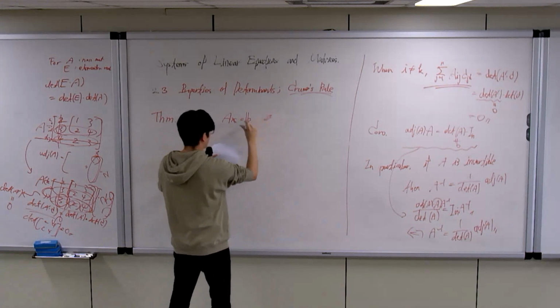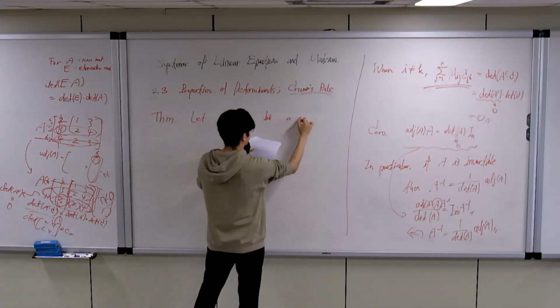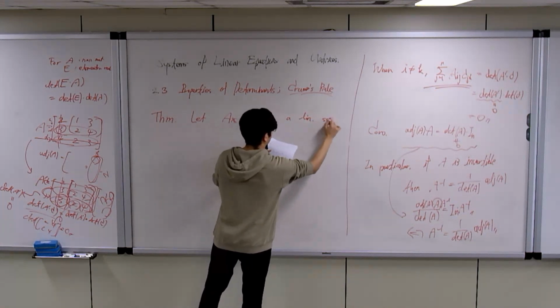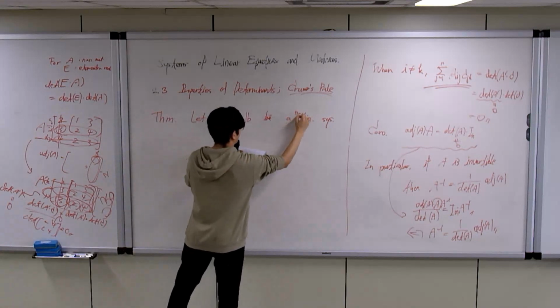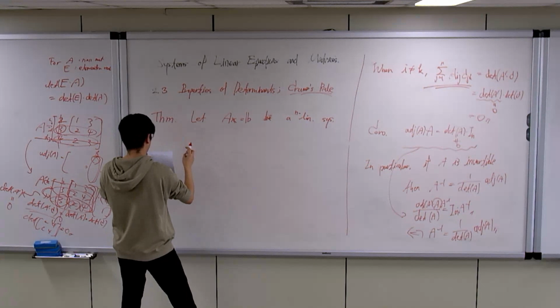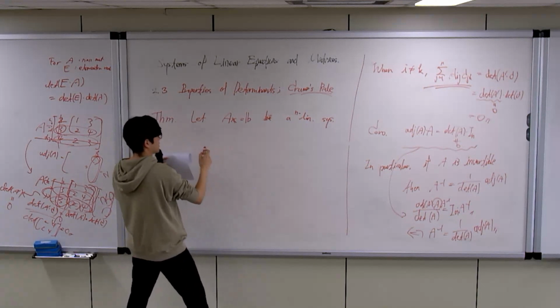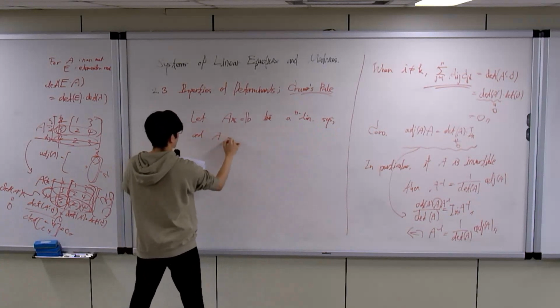Let AX equal B be an n by n linear system. Then, and also A is invertible.